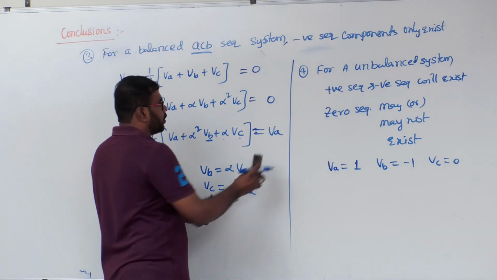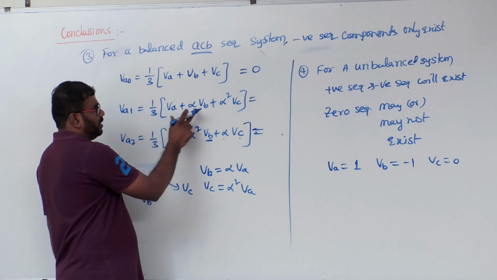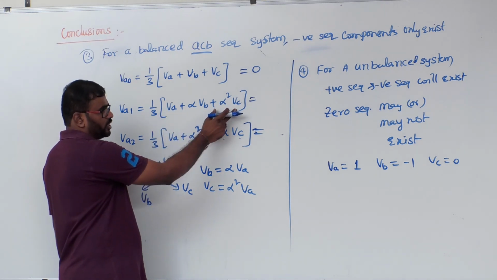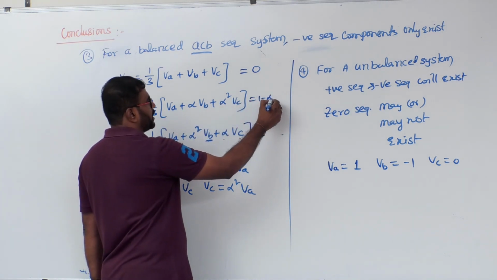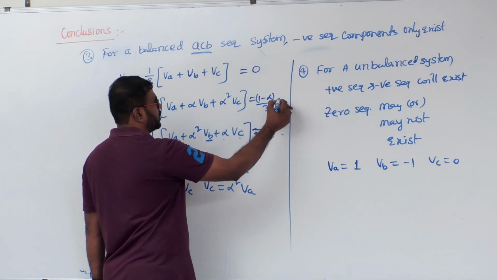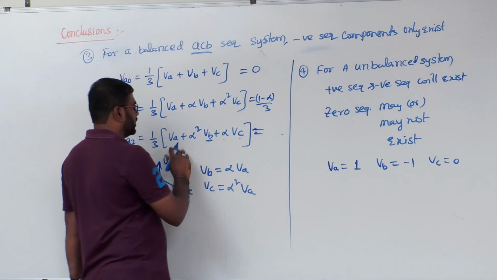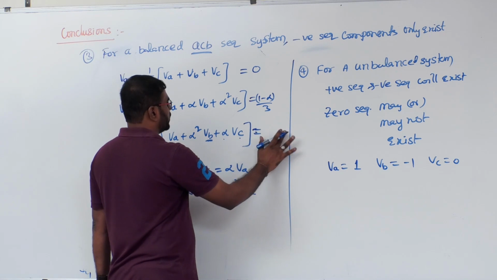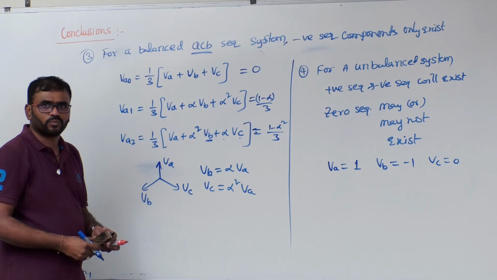Correct or not? But what about VA1? VA is 1, VB is -1, VC is 0. So that means 1 minus alpha, divided by 3. That's it. And here, VA2 is 1 minus alpha square, divided by 3. Tell me, positive and negative sequence components will exist here.